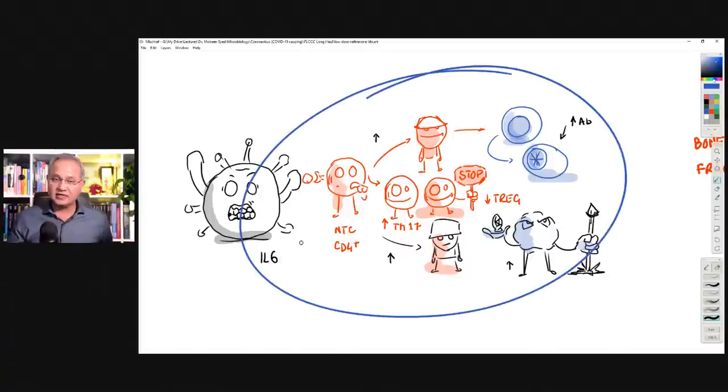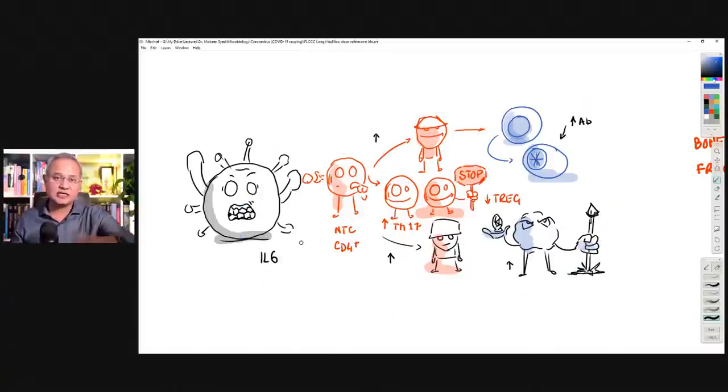Those cells and production of interleukin 6 do everything that I just talked about. And this cycle just does not stop until you interfere and say, stop it. How do you interfere? Steroids, anti-inflammatories, and very importantly, low-dose naltrexone. Can you imagine how important LDN is?